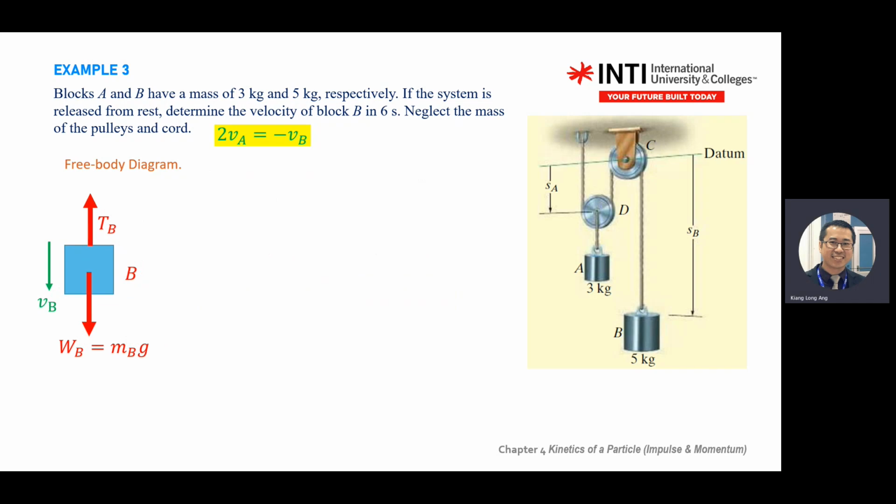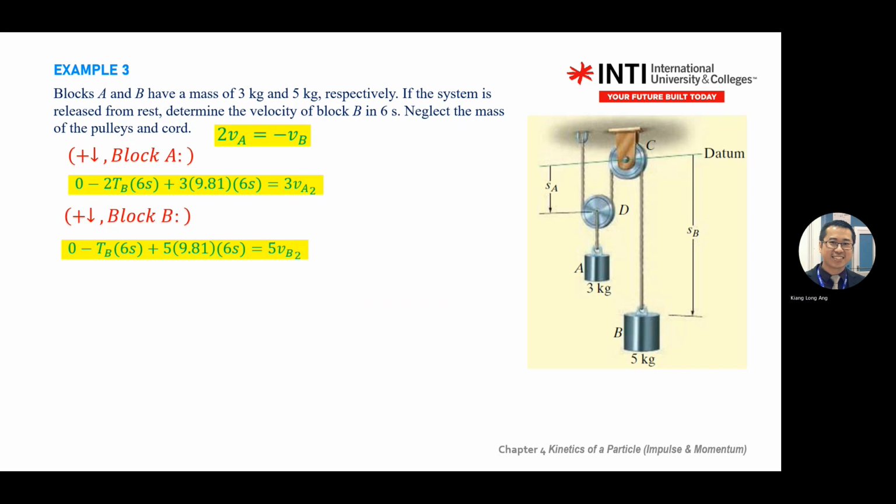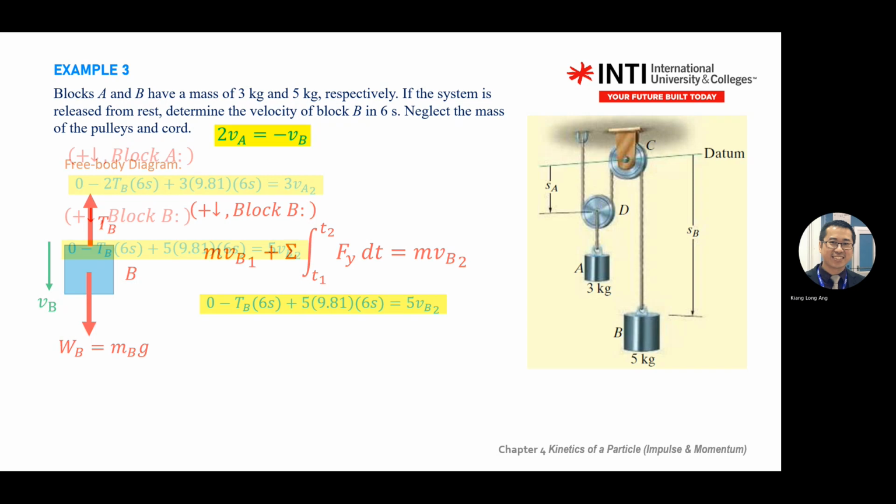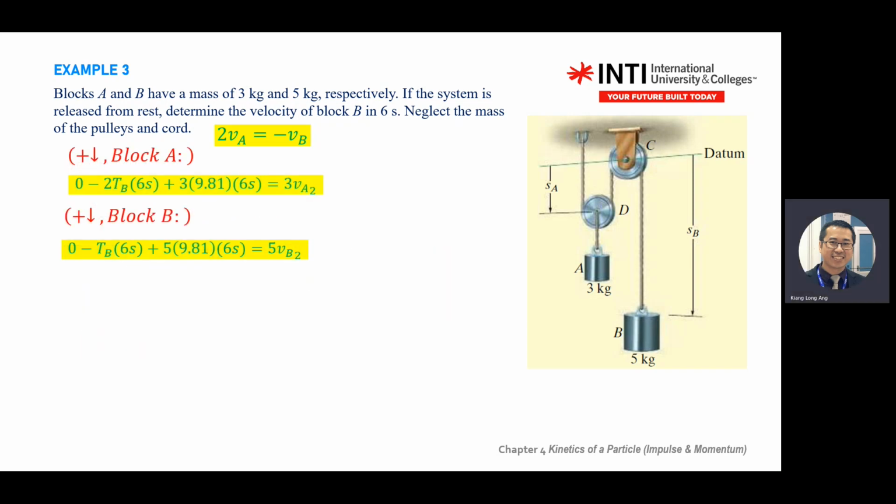For B, it changes because you only have TB and W. So you do the same for B: mv1 plus the integral of F dt equal to mv2. Substitute the values and you get one more equation. You have two equations. How many unknowns do you have? What is the total number of unknowns? 3. What are the 3?